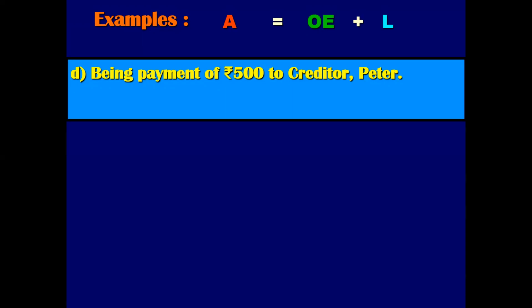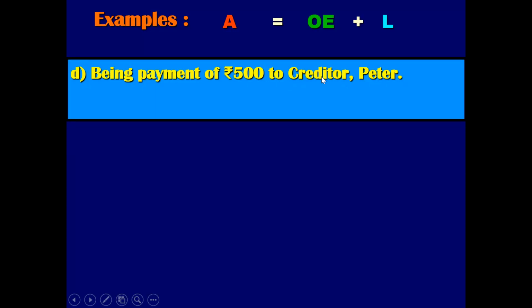See, in this transaction, the payment of rupees is a liability. Cash is one character and creditor is one character.